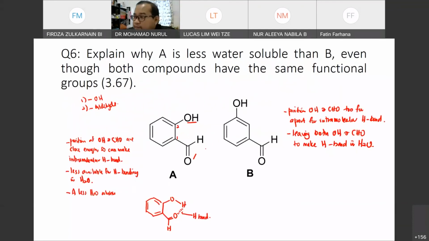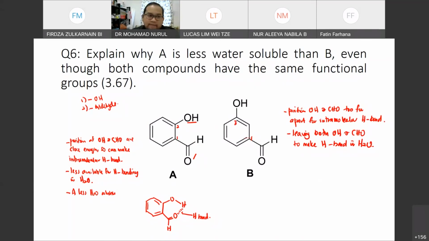This is the reason why A has the ability to make intramolecular hydrogen bonds among themselves, and gives less opportunity to make hydrogen bonds with water. So for B, the functional groups are further apart. This is 1, this is 3.